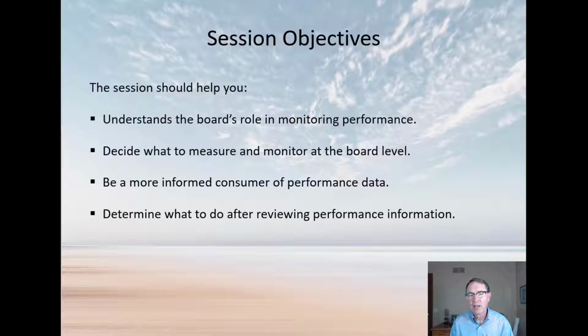We hope you'll become a more informed consumer of performance data and information to be able to put the information you get in perspective and ask the good questions about what you're seeing. And then, and this is a very important point, to determine what as a board you should do after reviewing the performance information.